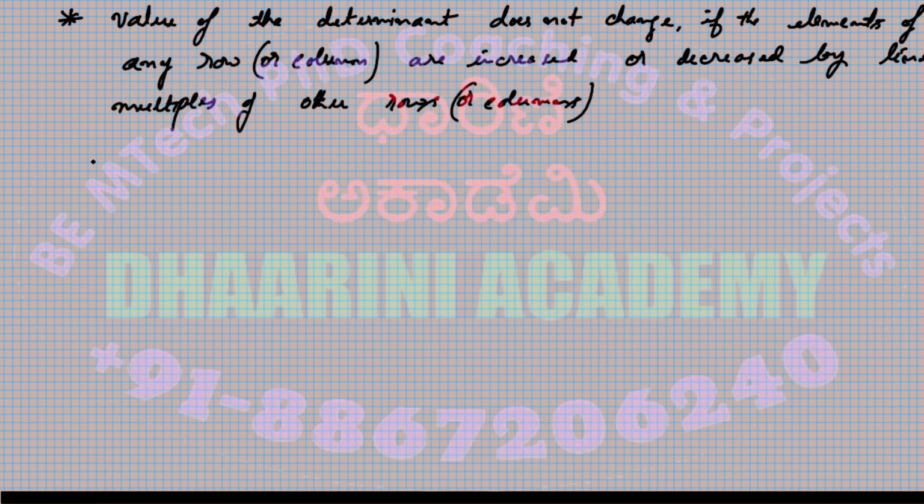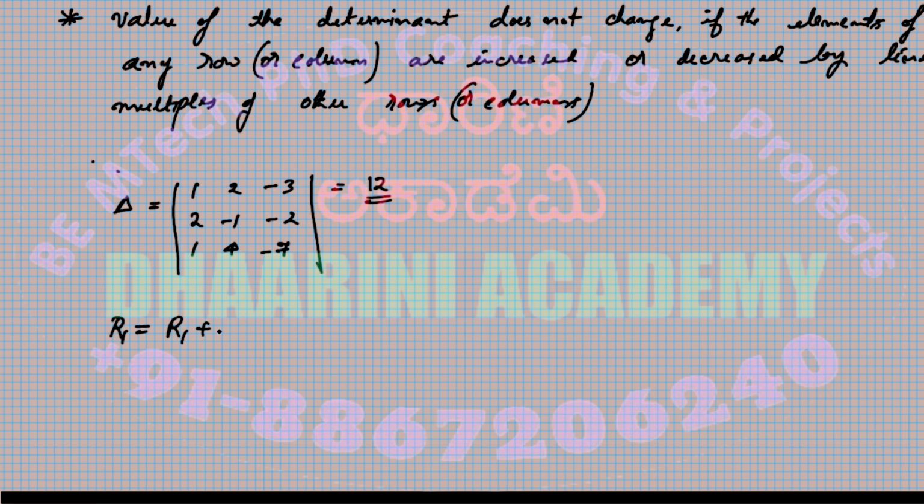Okay, let's consider the same determinant. Now let's do two operations. The first operation: row 1 is equal to row 1 plus 2 times row 2 minus 3 times row 3.